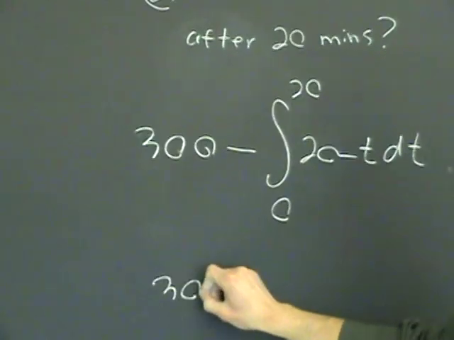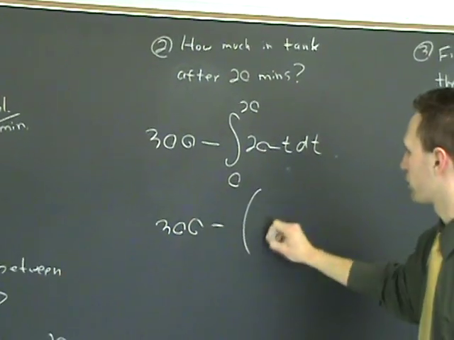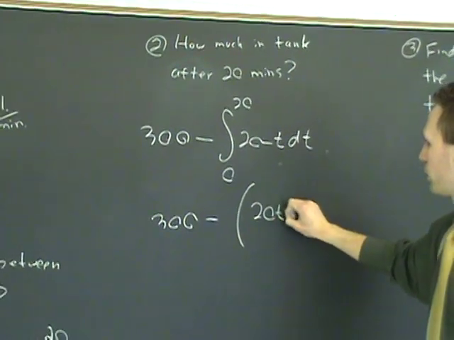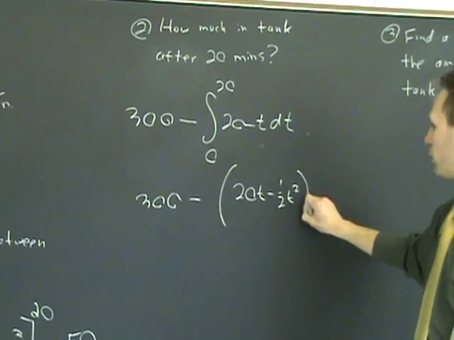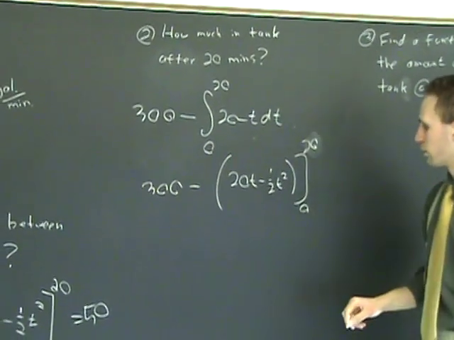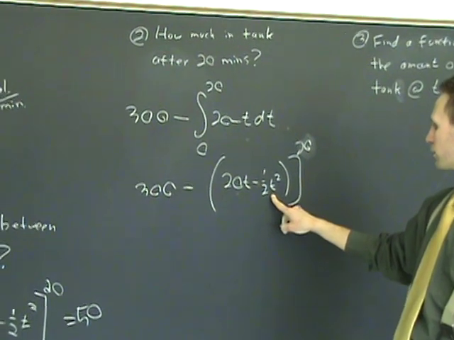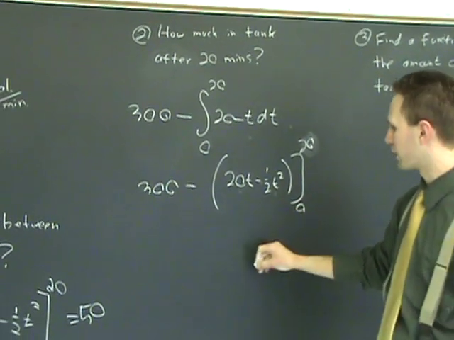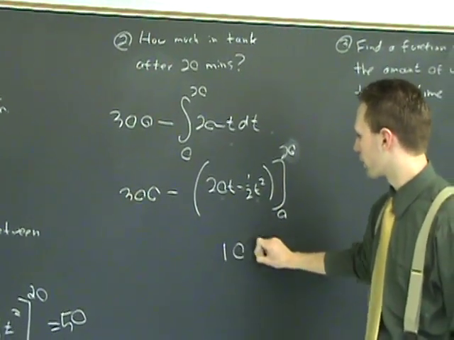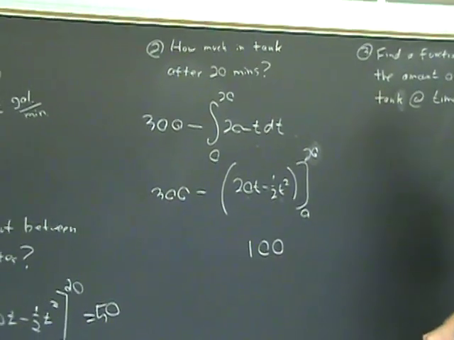This would be 300 minus, and when you carry out this integration, what you'll get is 20t minus 1/2 t squared, evaluated from 0 to 20. When you plug in 20, what do you get? You get 400 minus 200, which is 200, so you get 100 gallons in the end, right? Because when you plug in 0, it goes away.